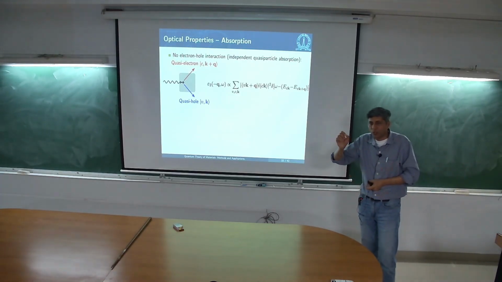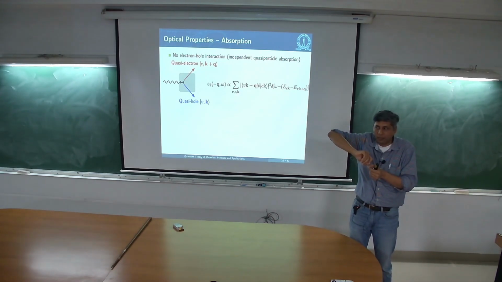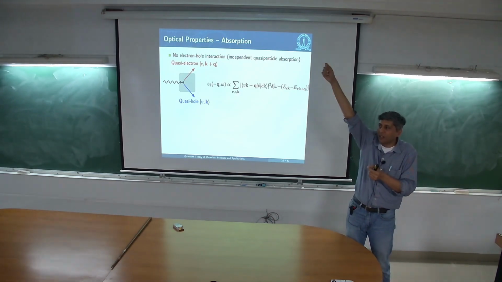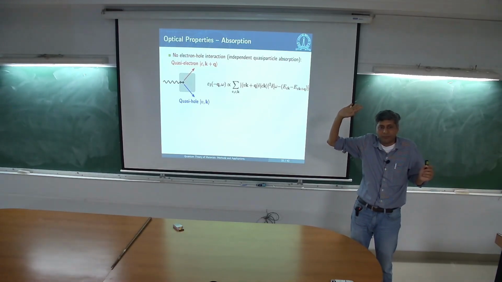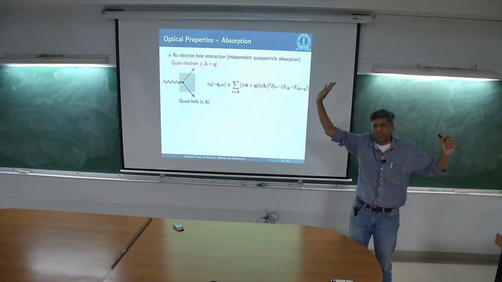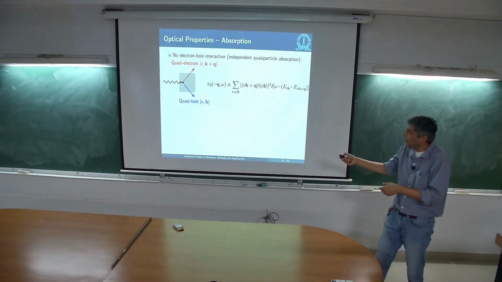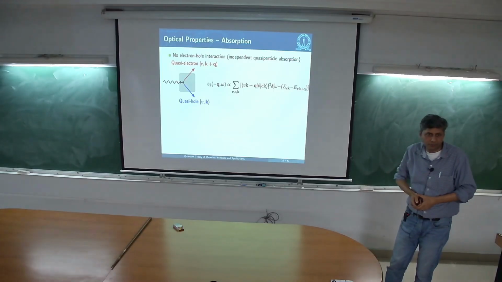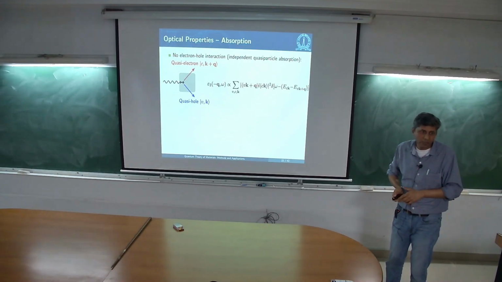I think of it as, okay, I kicked an electron out, and I kicked a hole, and these don't talk to each other. Of course, it's not true, but I just say that they don't talk to each other, and I can calculate the optical spectrum in that case. It's a very simple Fermi's golden rule kind of approximation that I can make to calculate the optical spectrum.